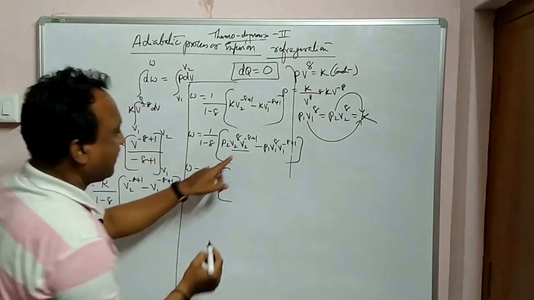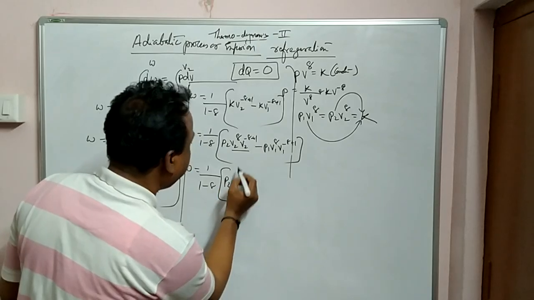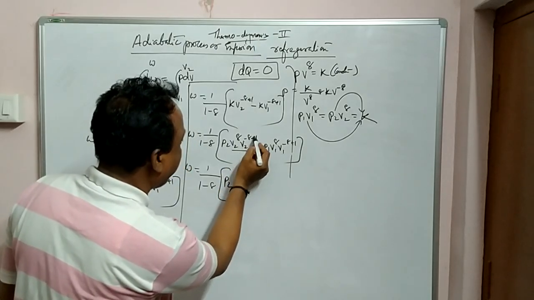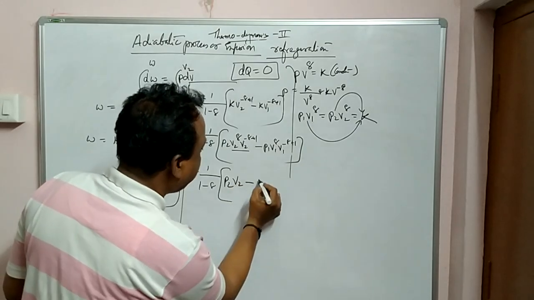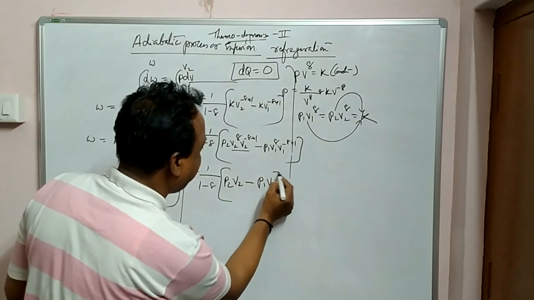Therefore W is equal to 1 by 1 minus gamma. You can see here when bases are the same, powers can be added or subtracted. Therefore, what does it become? Gamma minus gamma plus 1 gives V2 power 1, so P2 V2. Similarly, this becomes P1 V1.